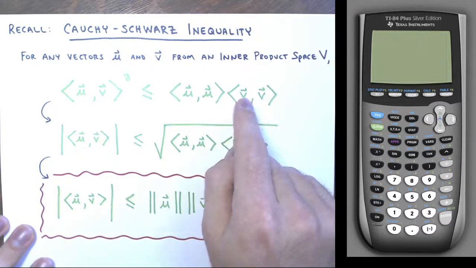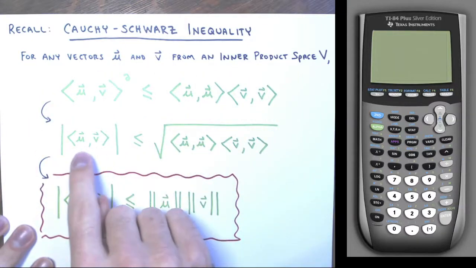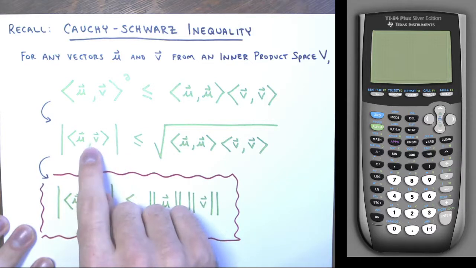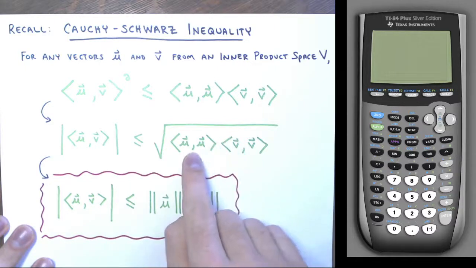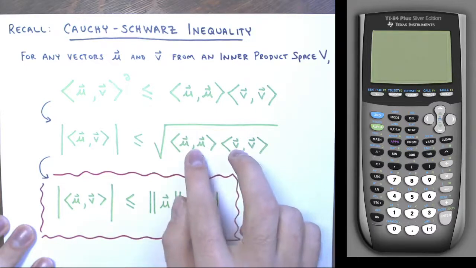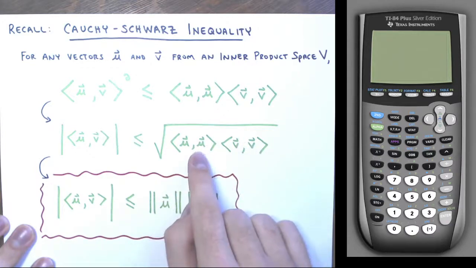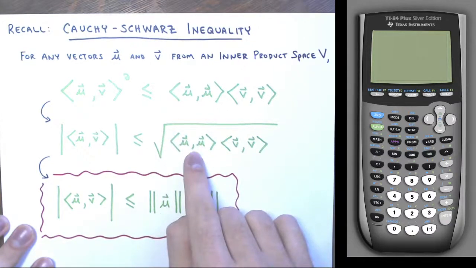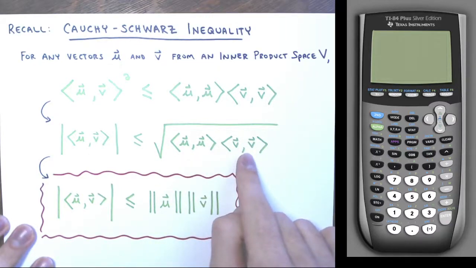Now in that video I said, if you take the square root of both sides, you get the absolute value of the inner product of u with v is less than or equal to the square root of the product of the inner product of u with u and the inner product of v with v. Well, these are real numbers, and these should be non-negative, right? The inner product of a vector with itself should be non-negative. So you can break this up into the square root of the inner product of u with u times the square root of the inner product of v with v. Well, remember what those are defined as.